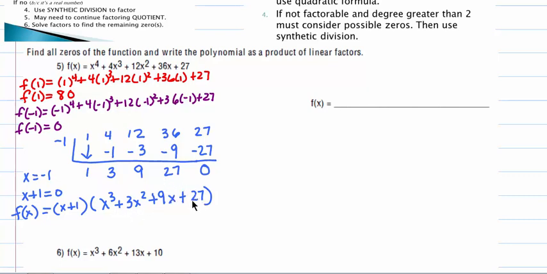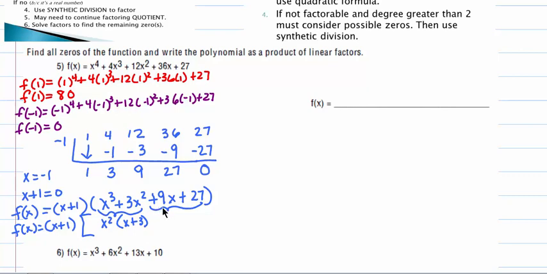Now I have a 4-term polynomial. Can I factor this 4-term polynomial? Group the first 2, group the last 2. So I have f of x is equal to, I have this x plus 1 out in front. Well, then I have x squared, open my parentheses, x plus 3.